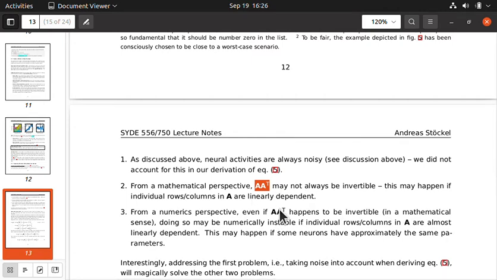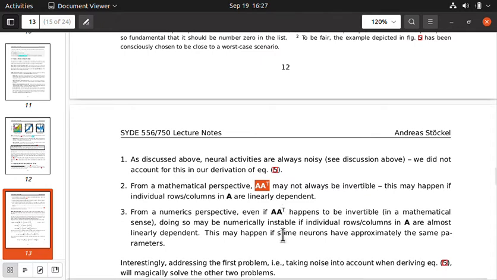there can be some problems in inverting it because we're running that inversion on a digital computer. If you have matrices that are almost uninvertible, or have rows and columns that are almost linearly dependent, then you can get numerical stability issues.